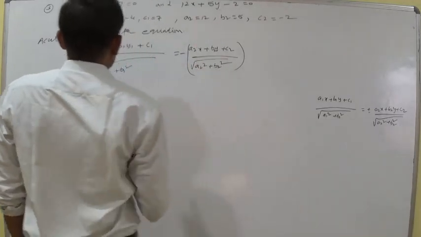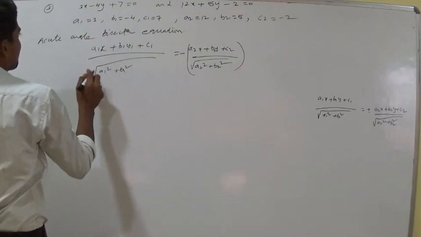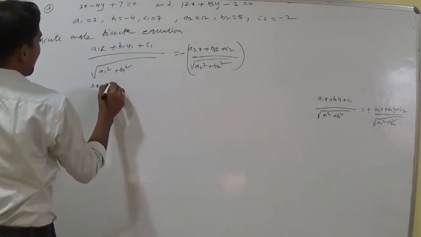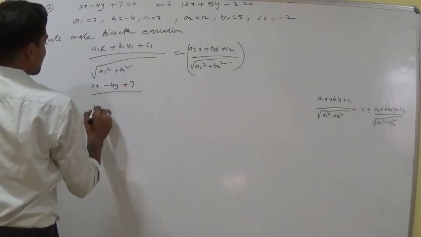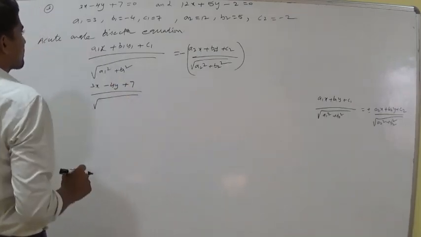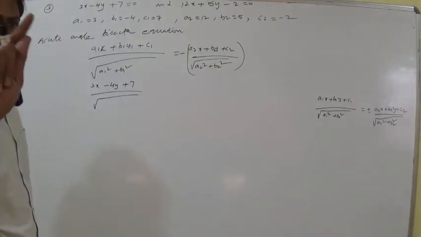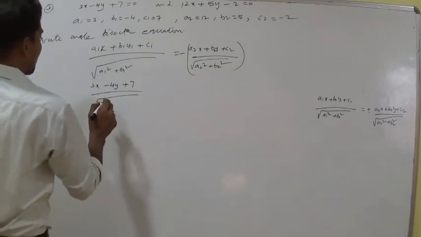So minus of. Let us substitute the values here: 3x minus 4y plus 7 by square root of a1 square 9 plus b1 square 16. 9 plus 16 equal to 25, square root of 25 is equal to 5.